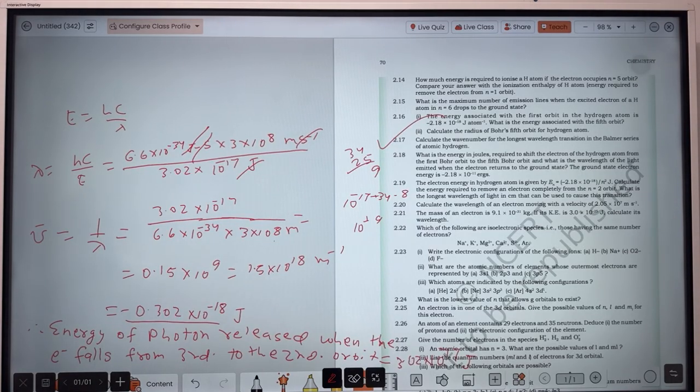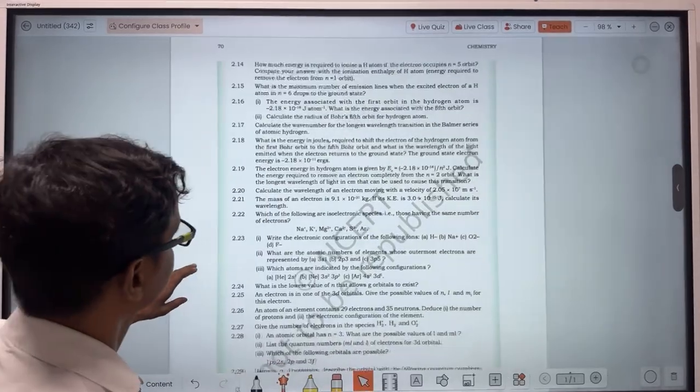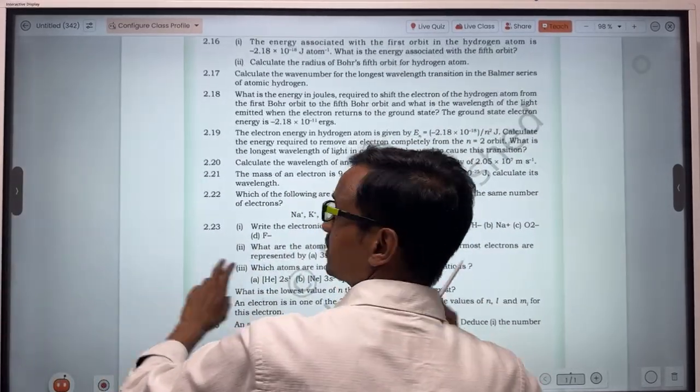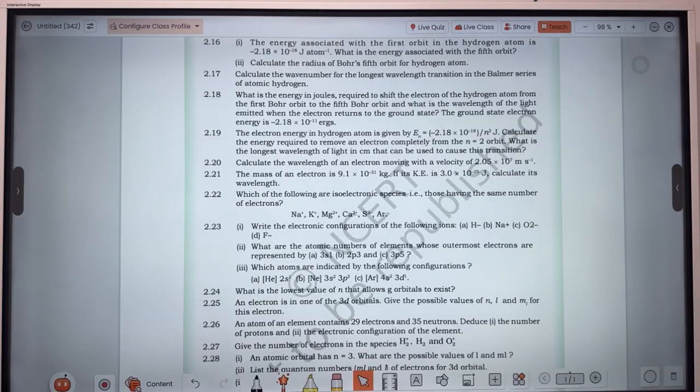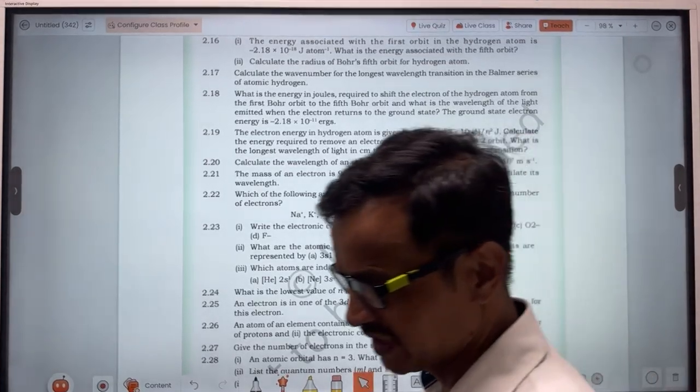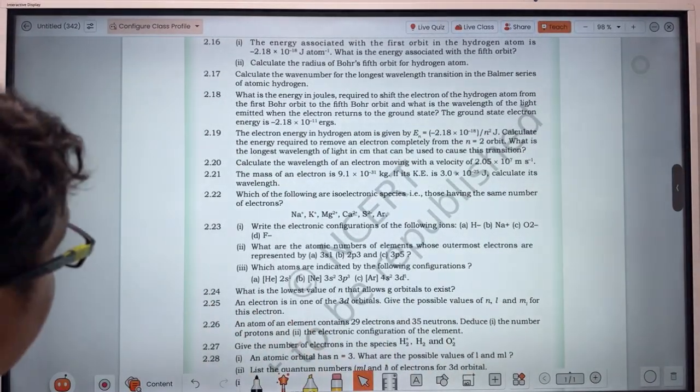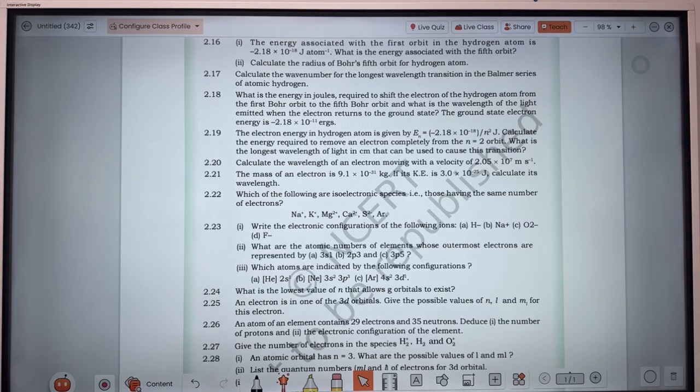Let's see the next question. Watch out for this question. So here the electron will have to shift from the first Bohr orbit to the fifth Bohr orbit, and what will be the wavelength of light emitted when the electron returns back?